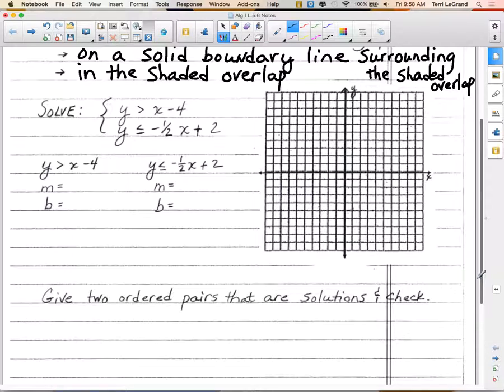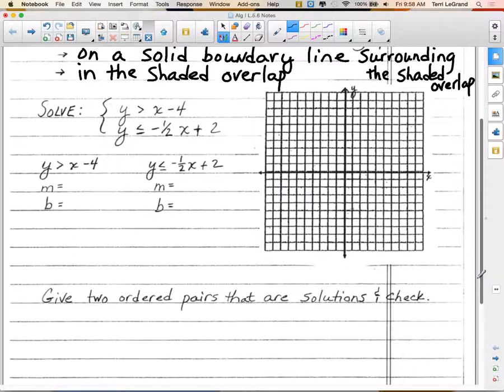Where is it? Right now, basically, we would say any solutions for this system of linear inequalities come from that region.